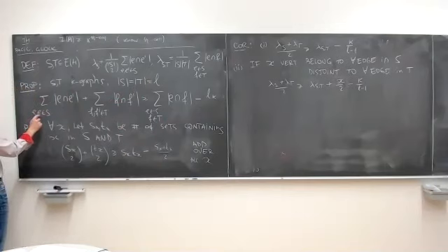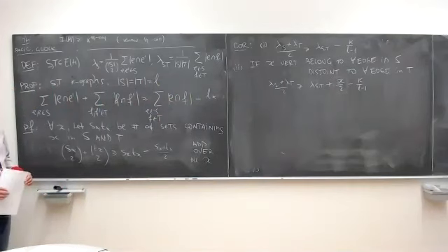But for the intersection between edges from S, you deleted the same set of vertices X from each of them. So therefore, this part dropped by x. So I can move it to the other side and get a positive increase by x. Okay? So this is a very basic observation.